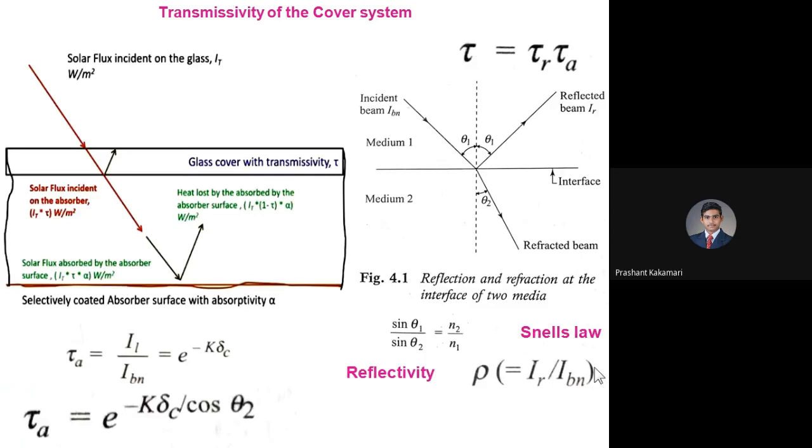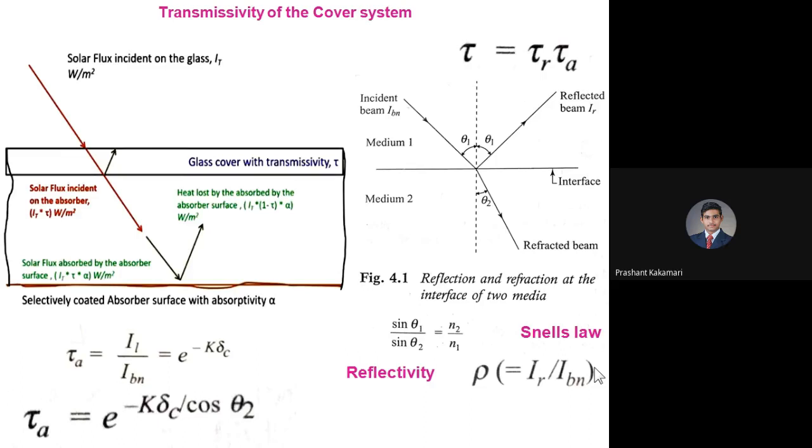So one can write n1 sin theta 1 equal to n2 sin theta 2, or you can take the ratio and write sin theta 1 by sin theta 2, the sine of the angle made by the incident beam to the sine of the refracted beam, that is theta 2.